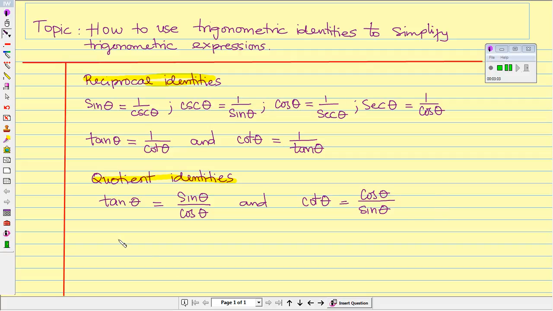The next identity that we want to introduce to you is the Pythagorean identity.